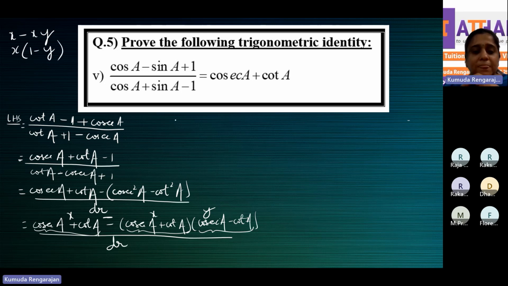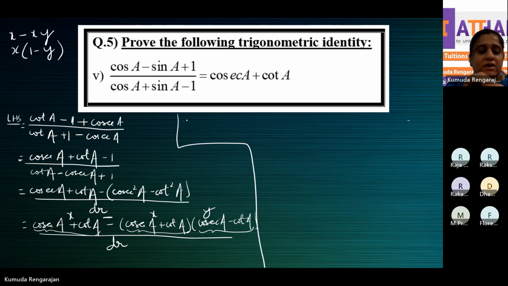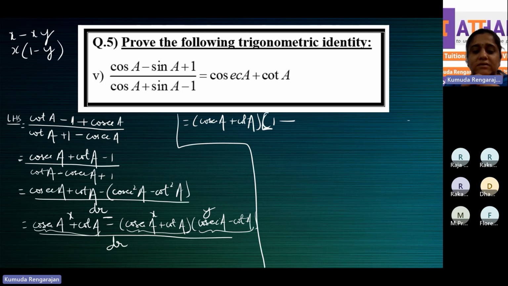In the same way, x is nothing but cosecant A plus cot A into 1 minus y. What is y? But remember, there's a minus here. So put that in the bracket. Cosecant A minus cot A in the bracket. That's very important, because there's a minus here. And see, after the minus sign, if you're going to write more than one term.